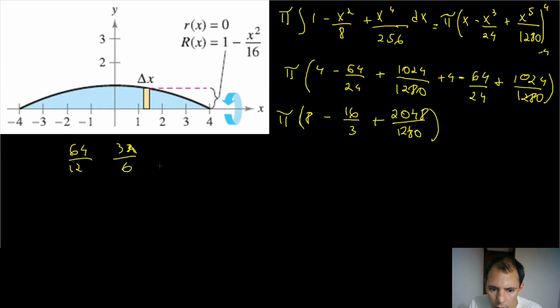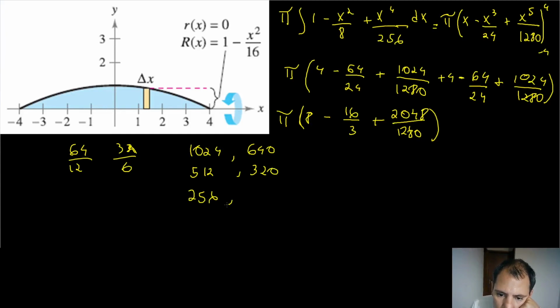Now this one, it'll be 1024 over 640, right? This is going to be 512 over 320, 256 over 160, 128 over 80.